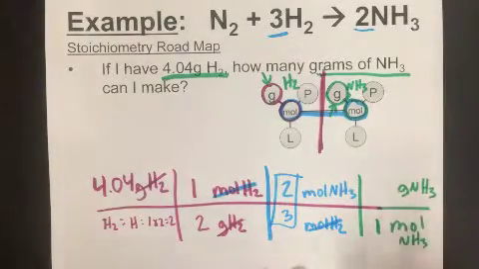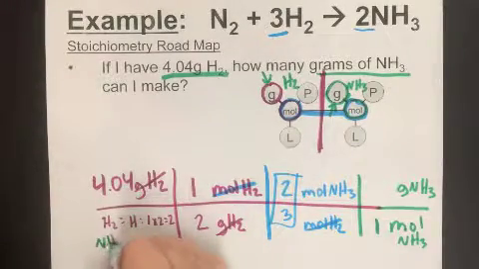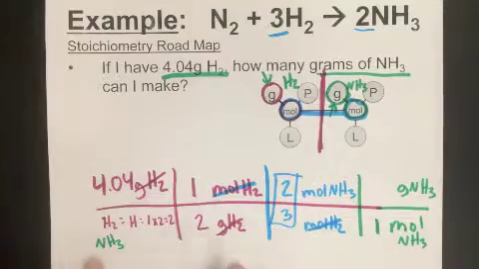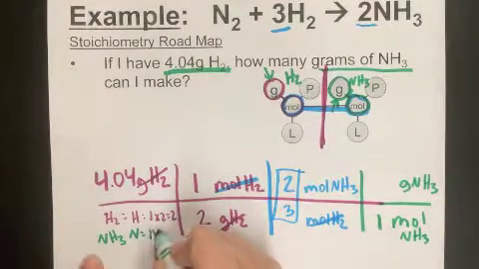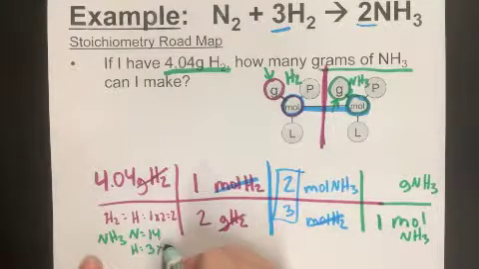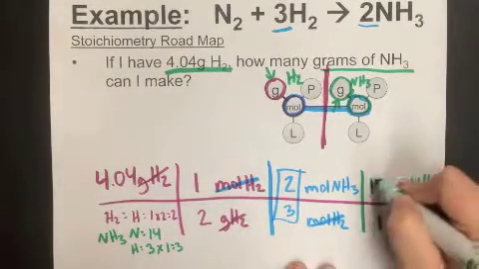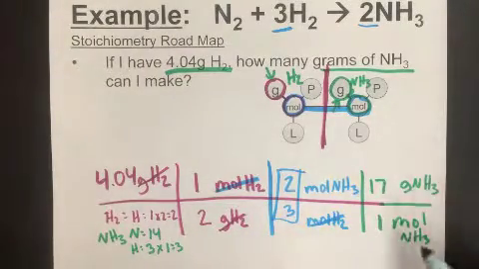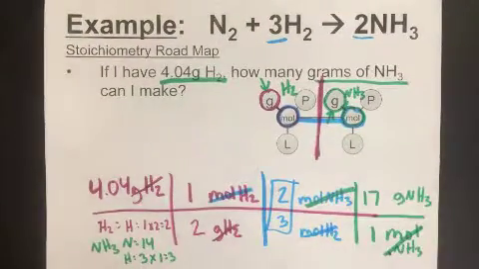With grams, you must do some side work. We need to find the molar mass of NH3. There's only 1 nitrogen with the mass of 14. Hydrogen, there's 3 of them with a mass of 1. So 14 plus 3 gives us 17. Moles of NH3 go away, and we are left with grams of NH3, which is what we need.